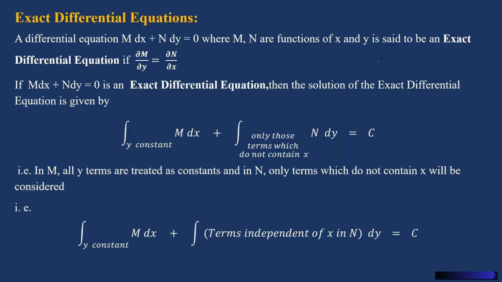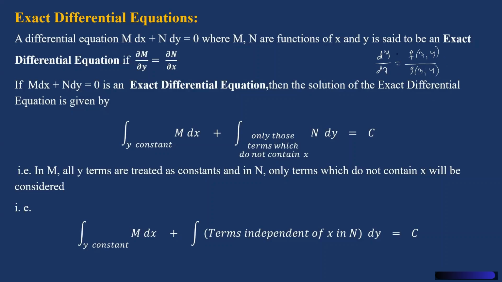We are always taking the differential equation as dy by dx is equal to some function of x comma y. On this right hand side, instead of a single function of x comma y, it may be a rational function of this kind, some function of x comma y divided by some other function of x comma y. When you have it this way, we can rewrite it in a linear way.